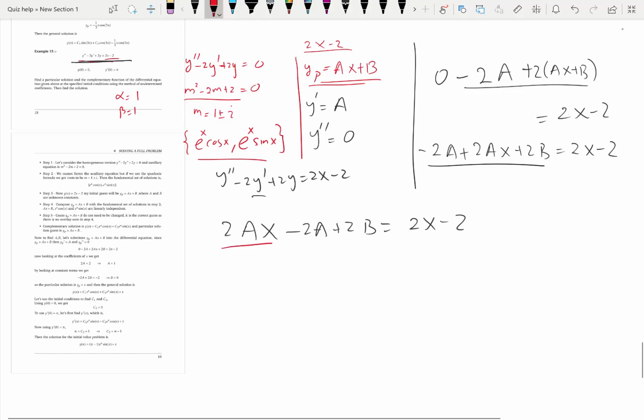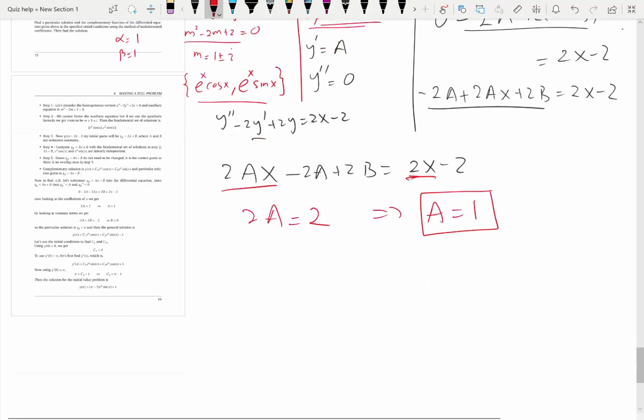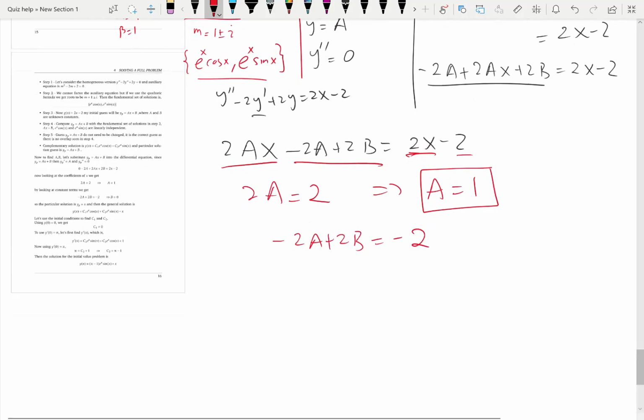Alright, so now if we look at the coefficients of x, here it's 2a, here the coefficient is 2, which implies a is actually 1. Okay, alright, now let's compare the constant terms. Minus 2a plus 2b is equal to minus 2. Now a is 1, so we can substitute here.